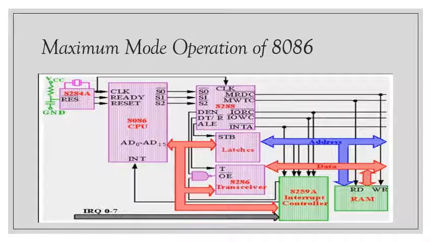These inputs to 8288 are driven by the CPU. It drives the outputs ALE, DEN, DT/R, MRDC, MWTC, AMWC, IORC, IOWC and AIOWC.